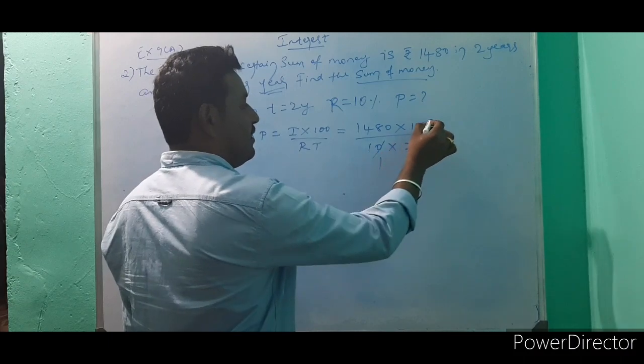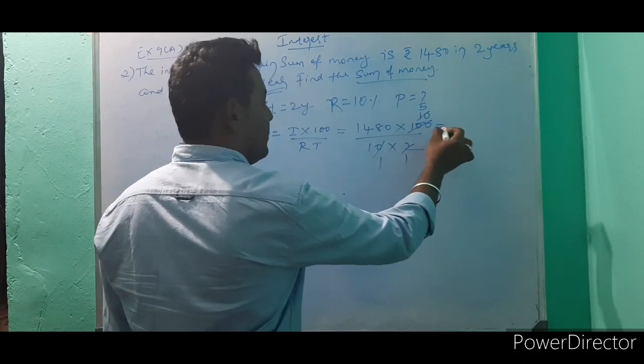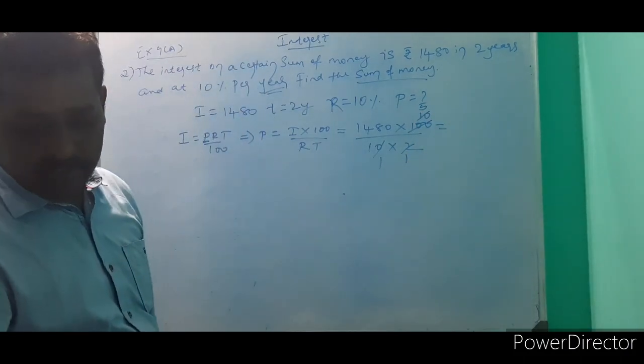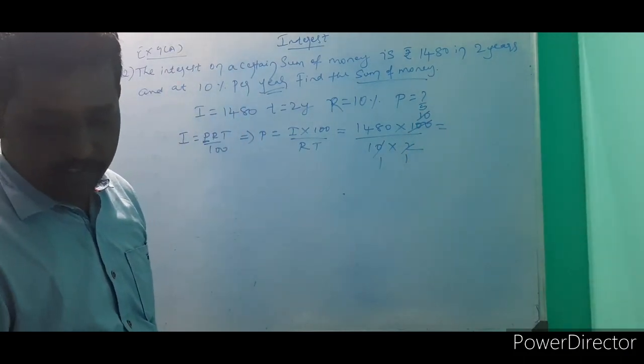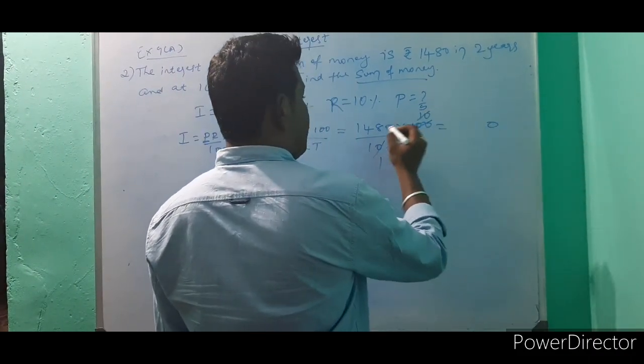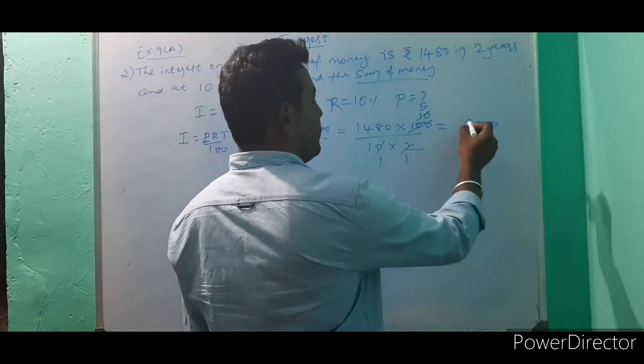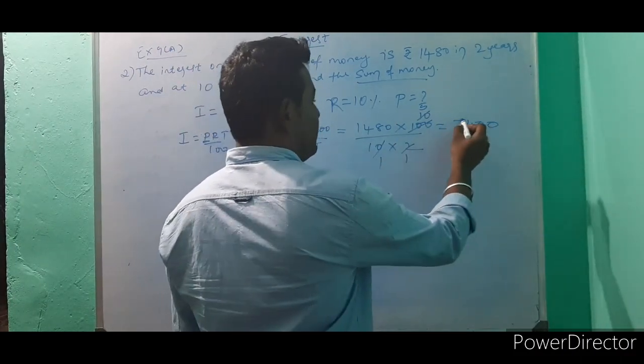Multiplying out, 5 zeros are 0, 5 8s are 40, plus 4, 44, 5 4s are 20 plus 4, 24, 5 1s are 5.